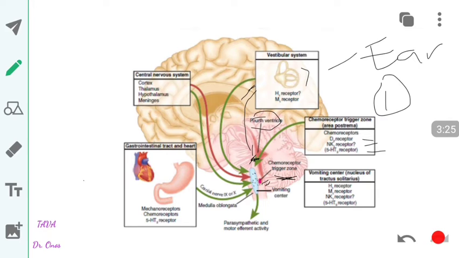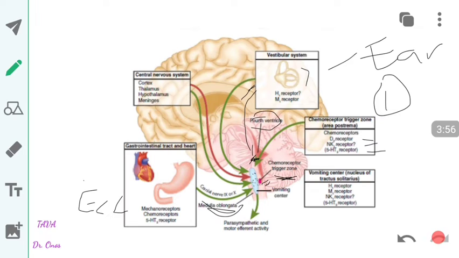Another part to note is the gastrointestinal tract, where we may take in cytotoxic agents or substances that irritate the gastrointestinal tract. They stimulate cells called ECL cells, enterochromaffin-like cells, and these cells release chemicals that touch their receptors on sensory neurons.